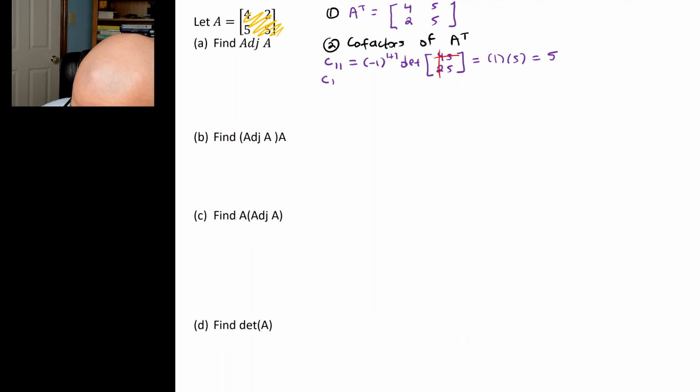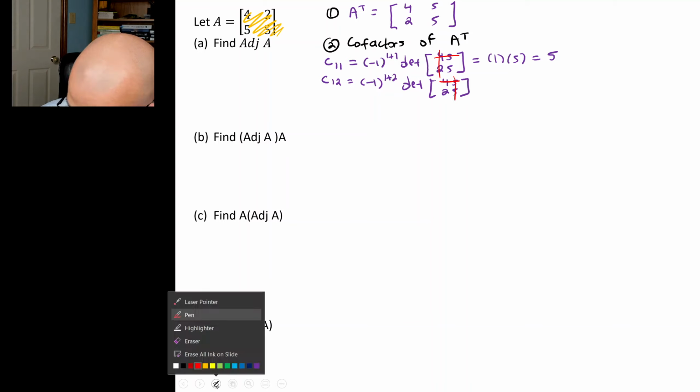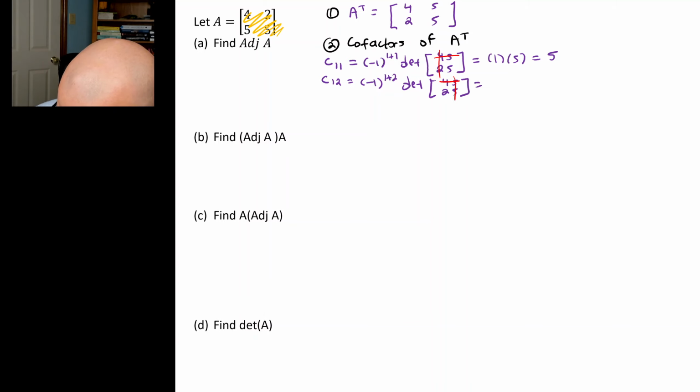Now C12, so -1 to the 1 plus 2 times the determinant of, I'll make a copy of the matrix, 4, 5, 2, 5. This time we're crossing out row 1, column 2, and we just have -1 cubed, which is -1 times the determinant of 2. So times 2, we get -2 for that one.